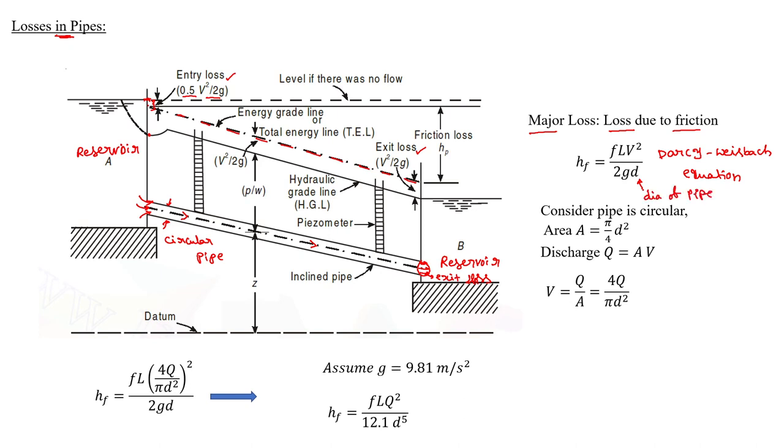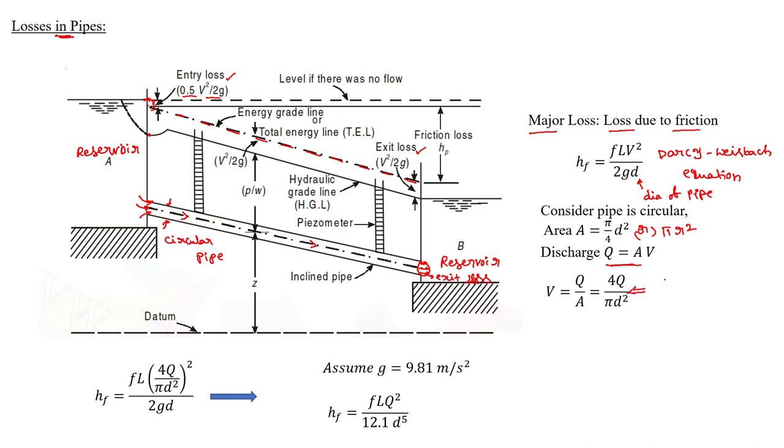Let's imagine the pipe is circular. Then for the circular pipe, the area can be computed as pi by 4 d square, or if we have the radius, then pi r square. As we know, the discharge formula is Q equal to A V, where A is the area and V is the velocity. If I want to replace V in the Darcy-Weisbach equation with Q, we can do the following: V equal to Q by A. A we know is pi by 4 d square, so V is 4Q by pi d square.